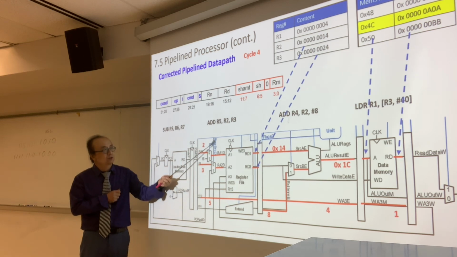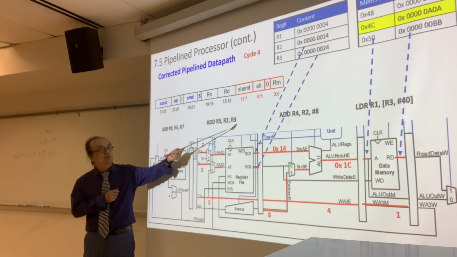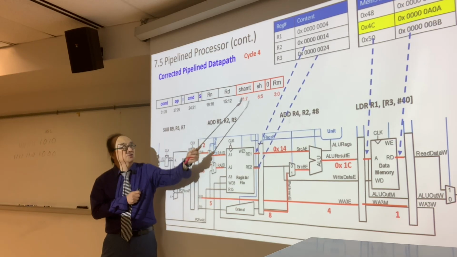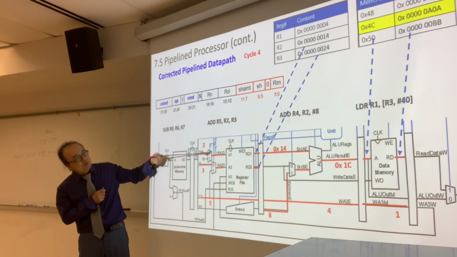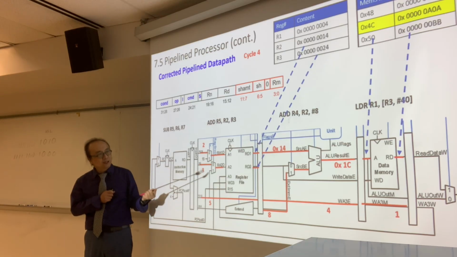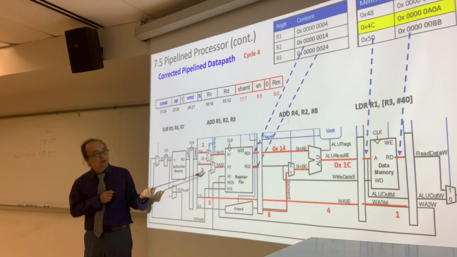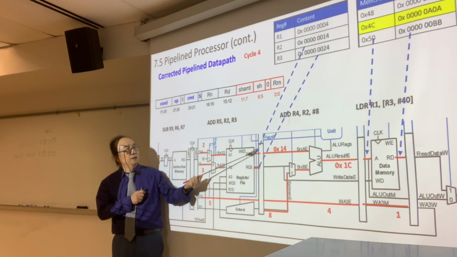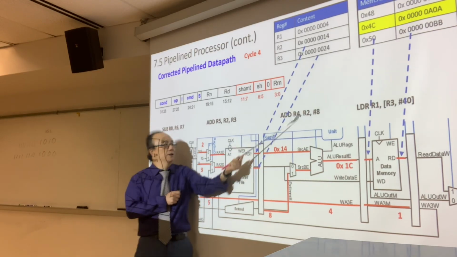For this instruction, RD is 5, and then we're going to add R2 and R3. So this is the instruction format for register, register, register. So we have to have a 0 for this register source, and then 0 for the second one. So we'll have a 2 and 3. Reading the content of 2, this guy is 14. Reading the content of this is 24.